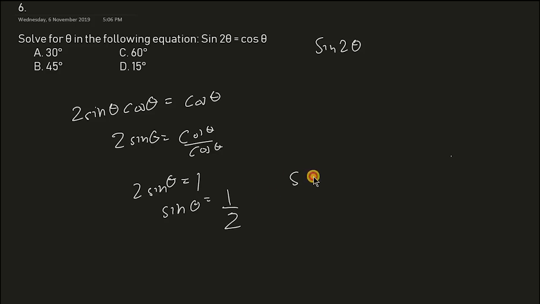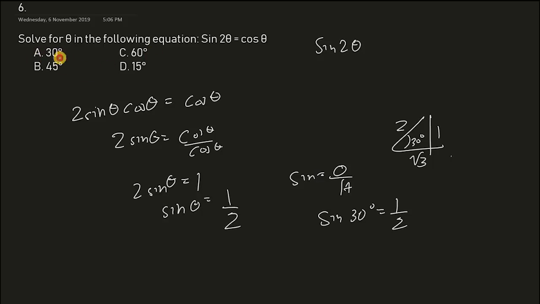Since sine natin is opposite over hypotenuse, ang may value lang naman na 1 is the 30-degree angle. So, the answer here is sine 30 degrees. Kasi sine 30 degrees, kung mapapansin nyo, this is 30 degrees, diba? That's 1. This is square root of 3. This is 2. That's opposite over hypotenuse. That's 1 over 2. So, basically, the answer there is letter A.